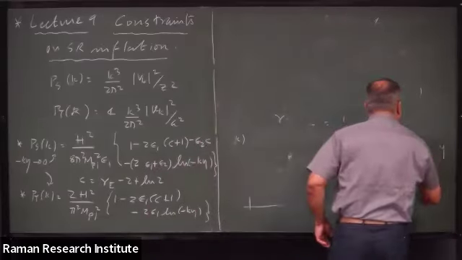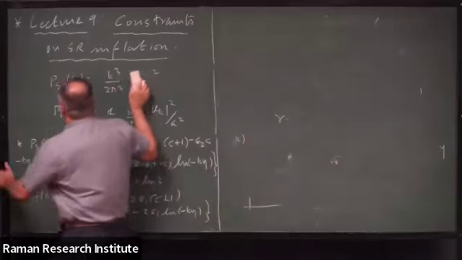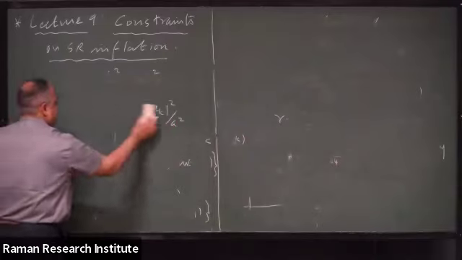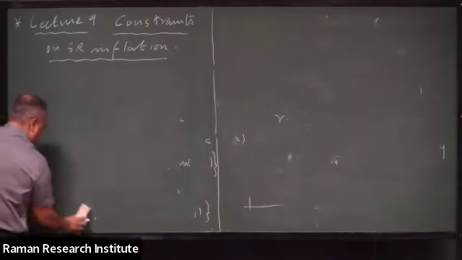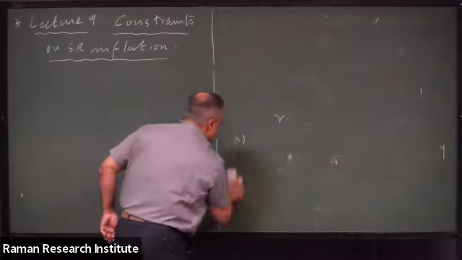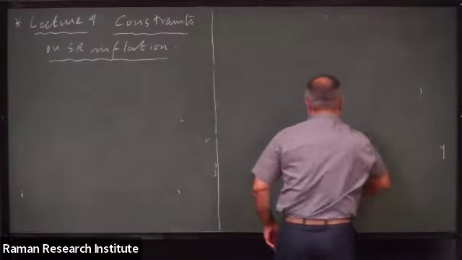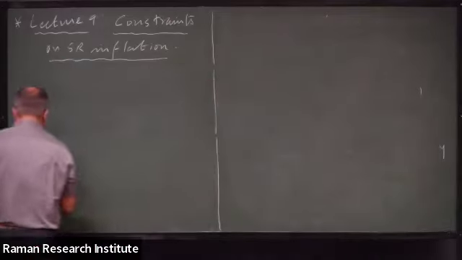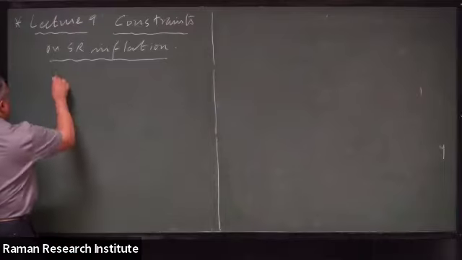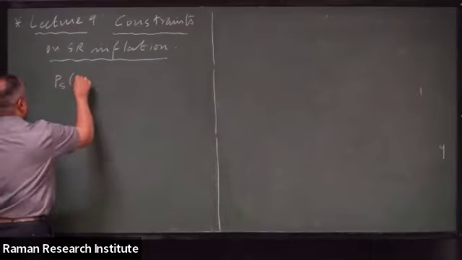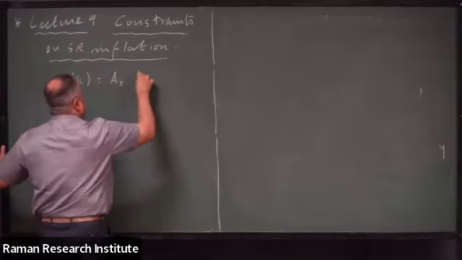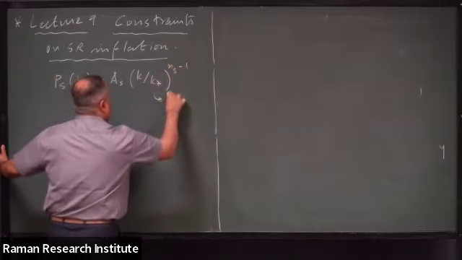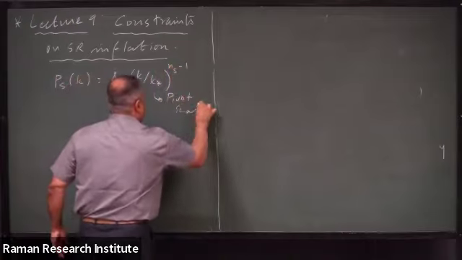Now, what essentially happens is as follows. As I had indicated in my overview lecture, okay, you assume P_S of k to be some A_S (k by k_star) power NS minus 1. k_star is often referred to as the pivot scale, okay?